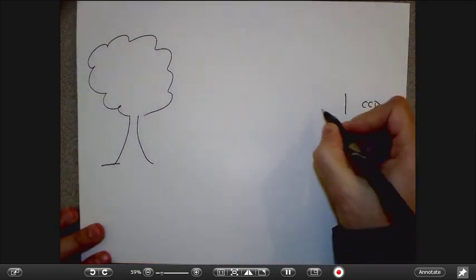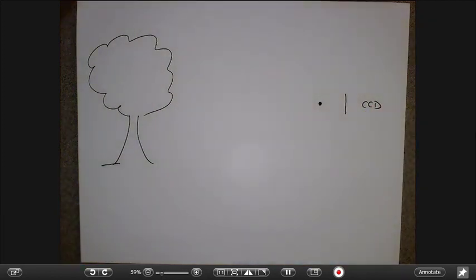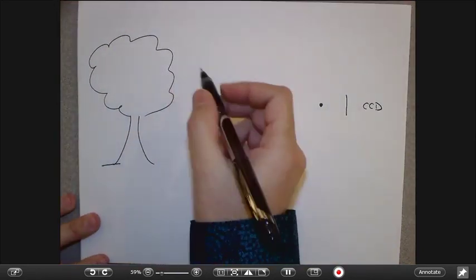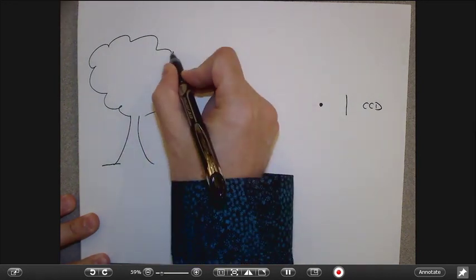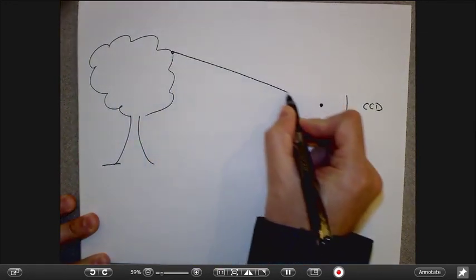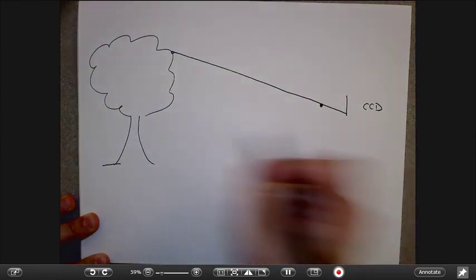The idea is that if you imagine an infinitely small hole, which is basically like the camera aperture, rays of light are reflected through, so if I have this point on the tree, rays of light pass through the pinhole and impinge on the sensor.